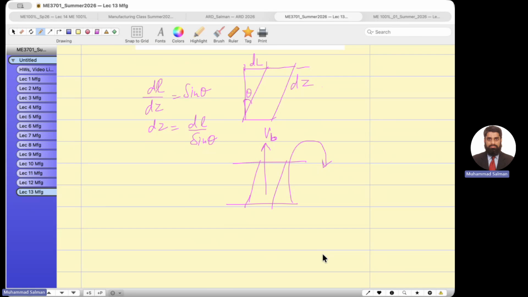The screw is actually spinning, but if you make the screw stationary, then the barrel is spinning. So it doesn't matter much. So if this is Vz along the Z axis, and this is my X axis, this should be perpendicular to this one.